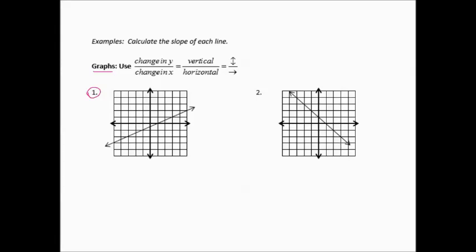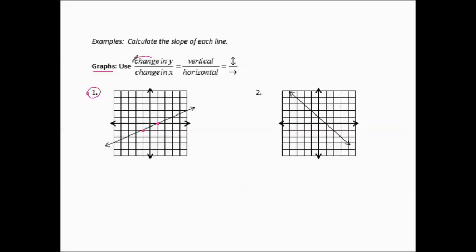So here, when I take a look at this graph, the first thing you want to do is find any good intersection points on the graph. So I notice I have one here and I have one here. Notice how the line touches across in the graph. So I want to use those 2 points and calculate my slope.